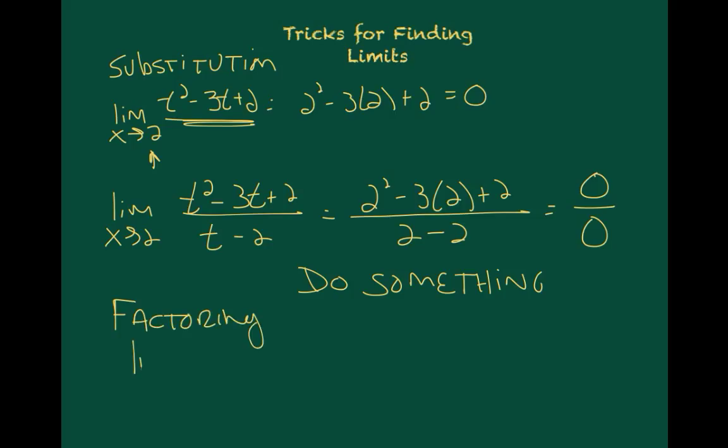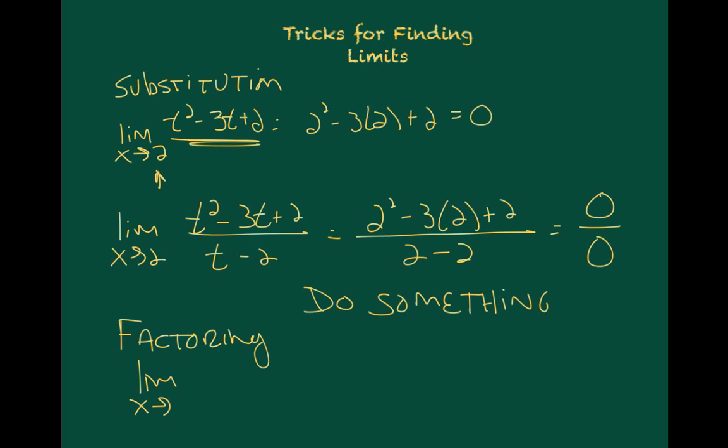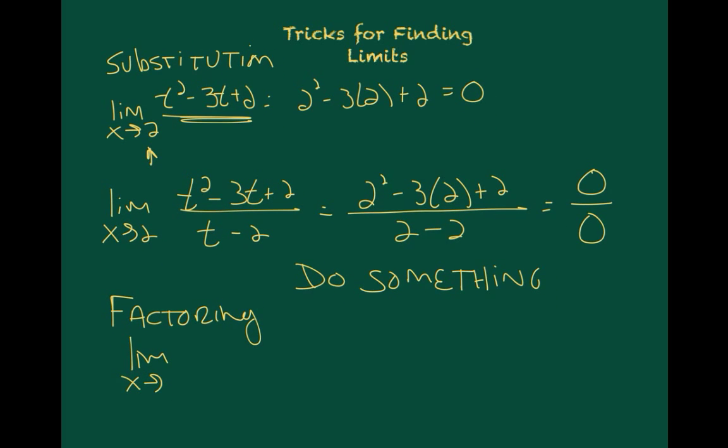If you do that with this problem, you'll see that the limit as t approaches 2, and we can factor the top as t minus 2 times t minus 1, over t minus 2.